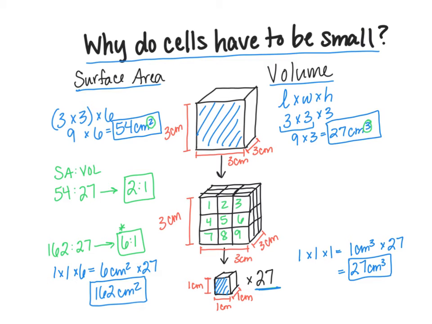So the takeaway is that as the size of a three-dimensional object increases, the surface area to volume ratio decreases, which means there is less surface area for things like diffusion to occur.